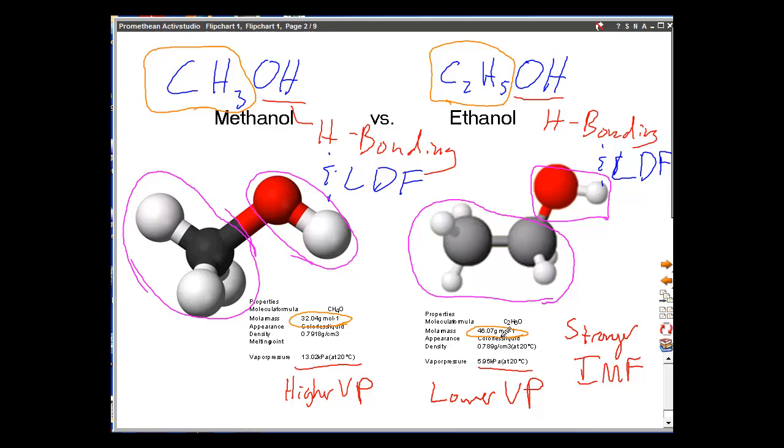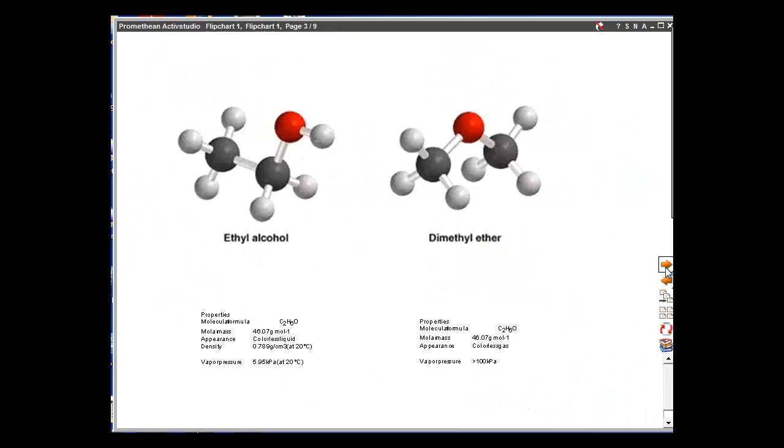Molar mass of ethanol, 46.07. So you have more LDF effect than here. They both have London dispersion forces and hydrogen bonding, but we see that affected more in the ethanol.